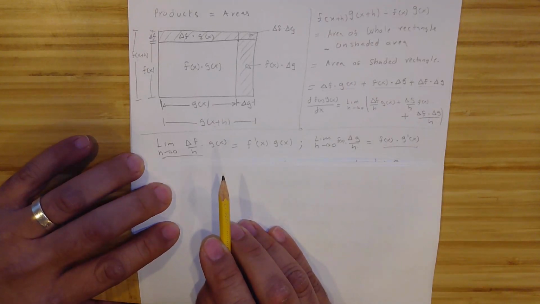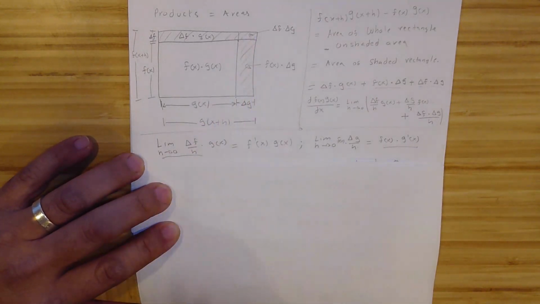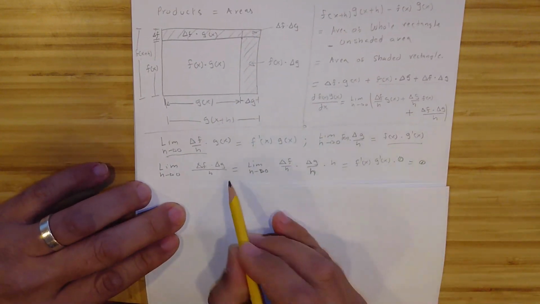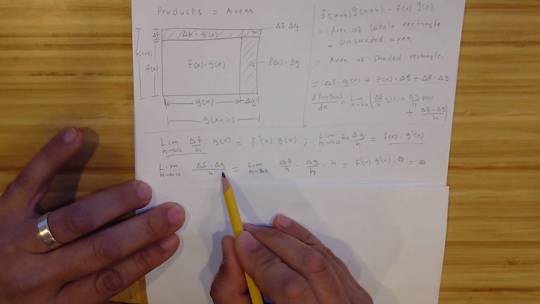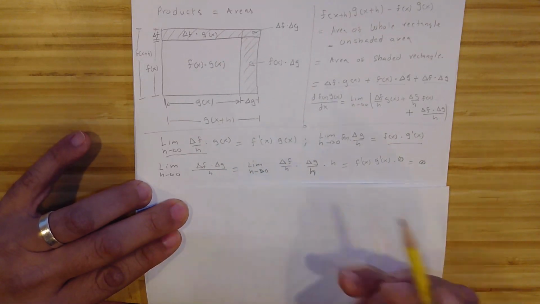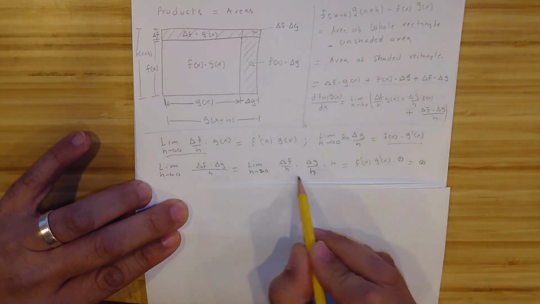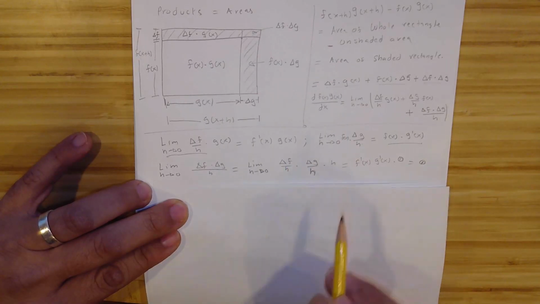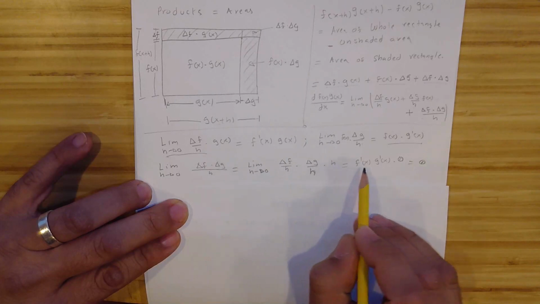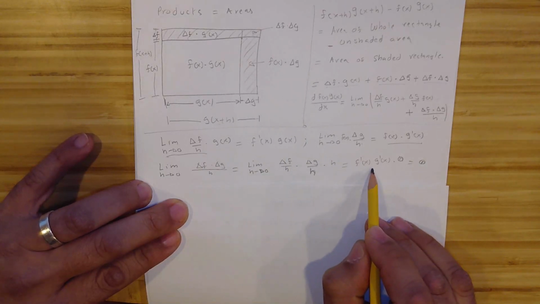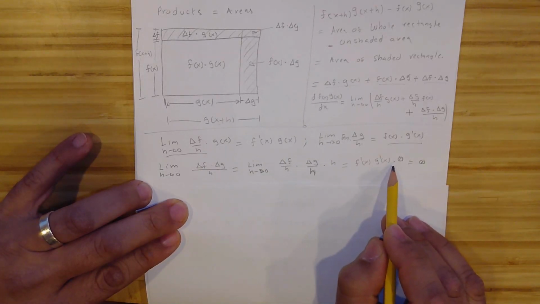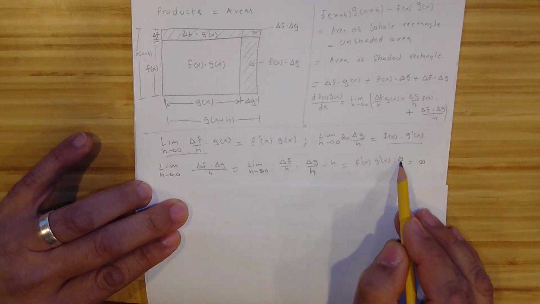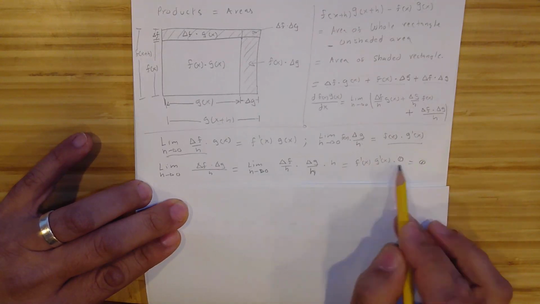But what happened with this little box? Well, using a trick of mathematics, we can multiply this by h over h, which is basically multiplication by 1. So we will have delta f over h, delta g over h, and one extra h. So we will have the derivative of f, the derivative of g, and because this is the limit when h tends to 0, this h will become 0 and the whole term will be 0.